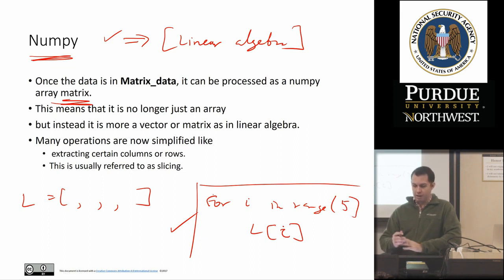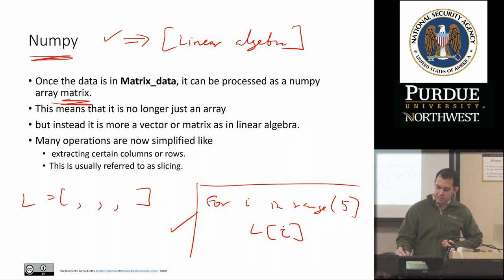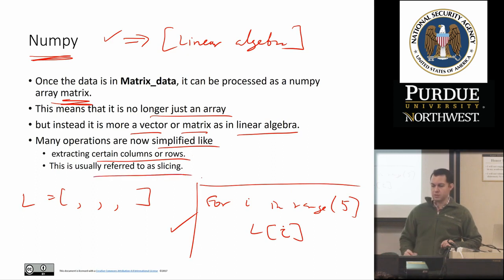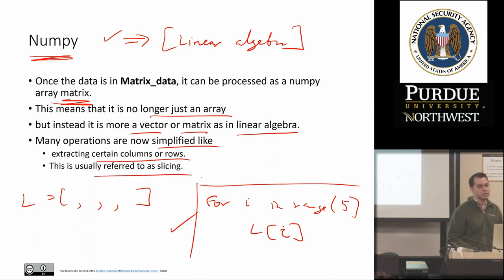Anyone who has used MATLAB knows that MATLAB is a matrix-oriented environment. This means it is no longer just an array, which is what I just described, but more of a vector or a matrix as in linear algebra. So many operations are simplified, like extracting certain columns or rows, usually referred to as slicing, but also doing operations can be more efficient.